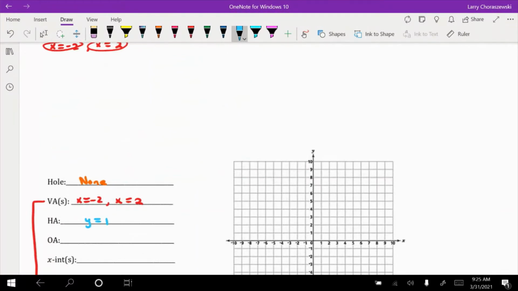Now before I go back up, it's only possible to land in one of those three cases when analyzing whether or not a graph has a horizontal asymptote. So because we have case 2, it's not possible to have case 1, and it's also not possible to have case 3, which tells us that there would be an oblique asymptote. So because we have case 2, it means that there's going to be no oblique asymptote. So let's write the word none again.